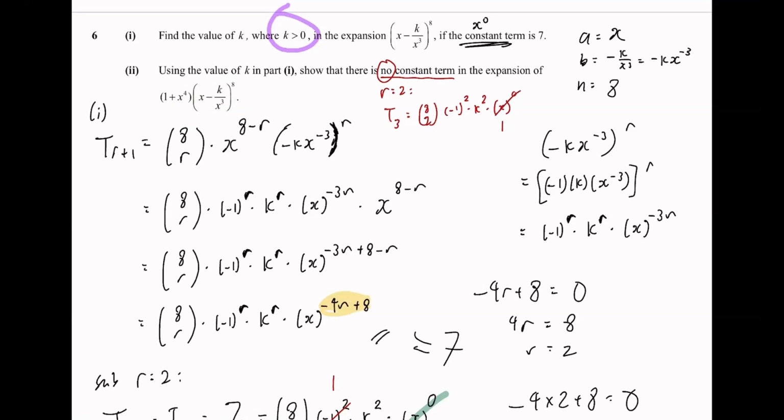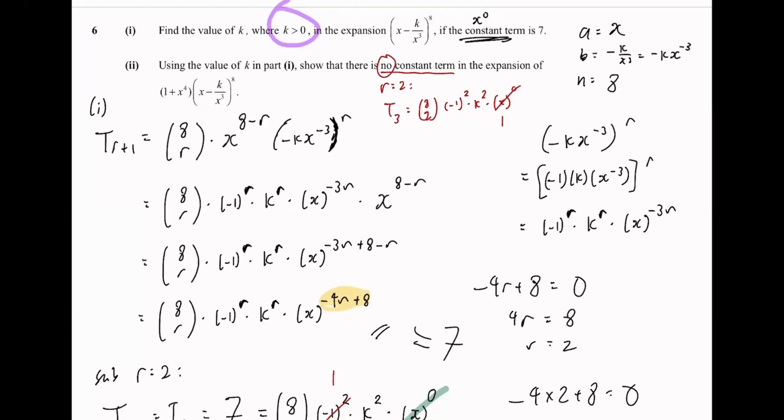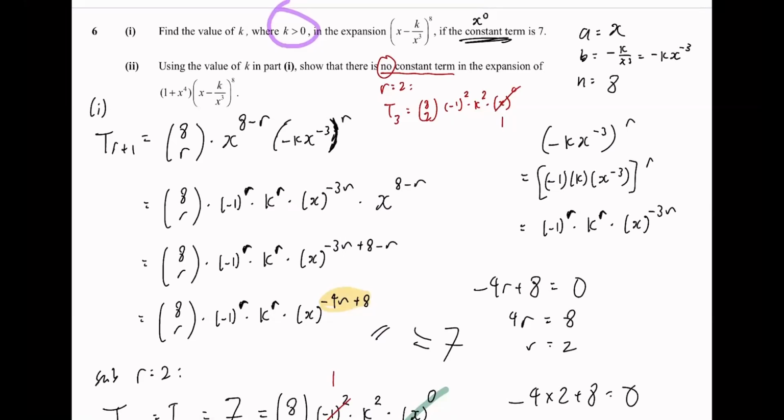Okay, I'm so sorry. Let me change this instead of constant to something else. Let's not talk about constant. Let's talk about linear.